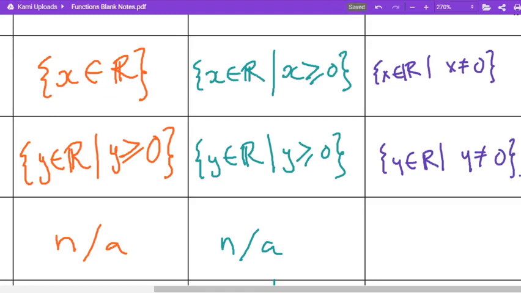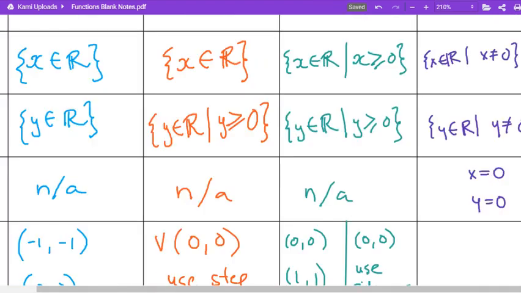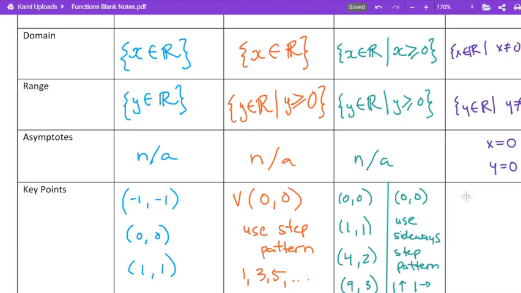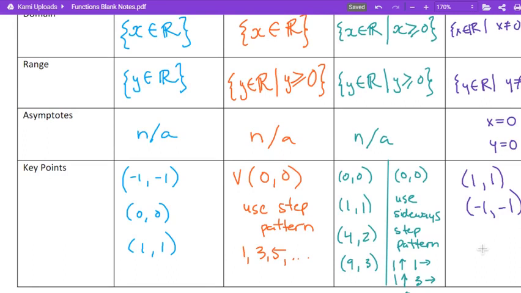Are there asymptotes? Yes. x equals 0, y equals 0. And then for which points to graph? You graph (1, 1), (negative 1, negative 1), and two asymptotes, x equals 0 and y equals 0.